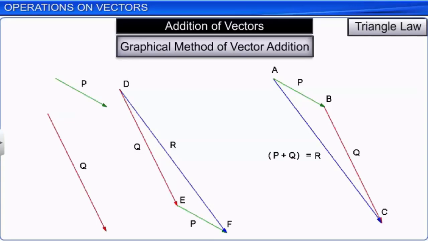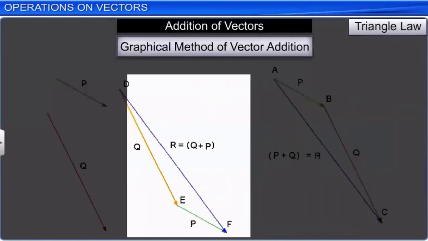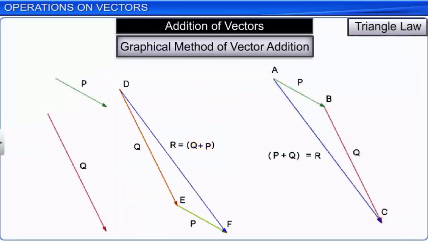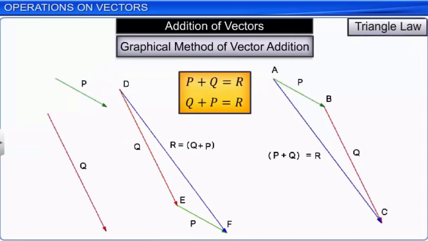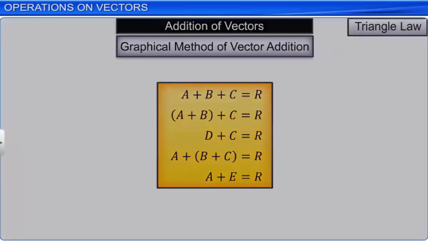This vector addition is the commutative property of vectors. Vectors also obey the associative law of addition. To understand this, consider three vectors A, B and C lying in one plane. Add A and B to get D. Then add D and C to get R, which is the final result.